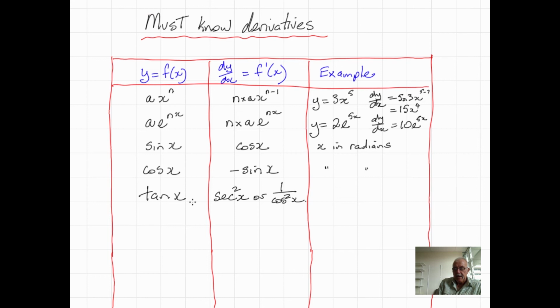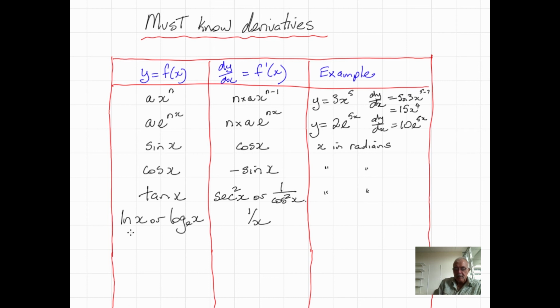The derivative of tan x is sec squared x. Now sec, or secant, is 1 on cos, so sec squared is 1 on cos squared. Same thing, x has to be in radians.